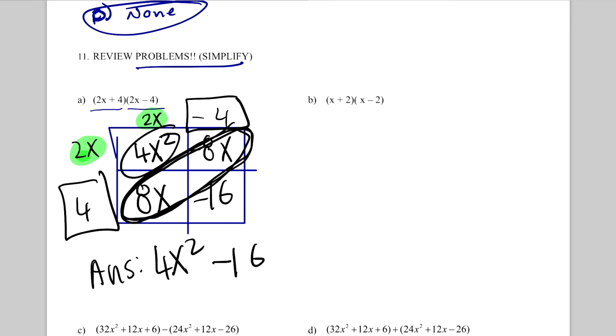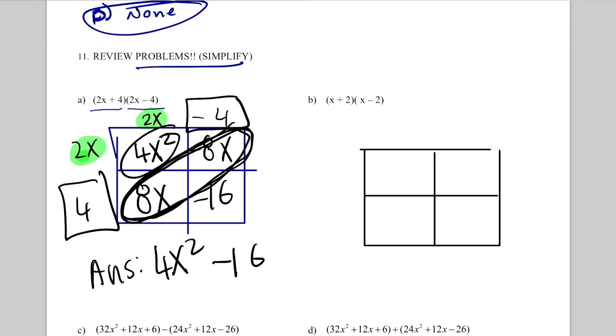Similar to part A, part B here, we're going to approach it using the same strategy. So you got x plus 2, x minus 2, okay? X times x, x squared. X times -2, -2x.